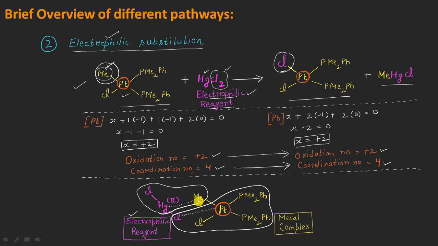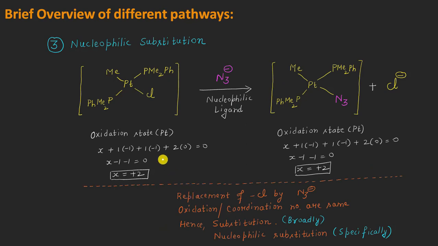And now let us have a look at the last pathway, which is the main pathway of concern for this video lecture, and this is known as the nucleophilic type of substitution, right? So in this, you can see that when in this starting material or the complex, we will be adding this type of nucleophilic ligand having a negative charge.